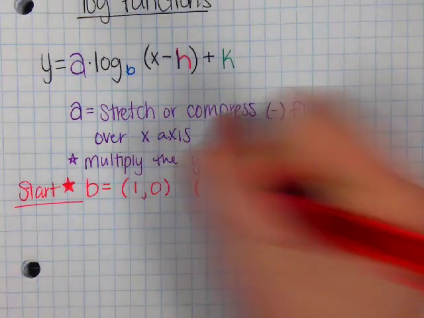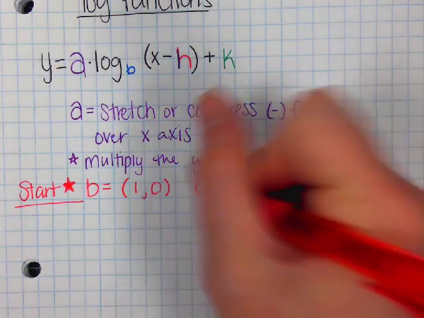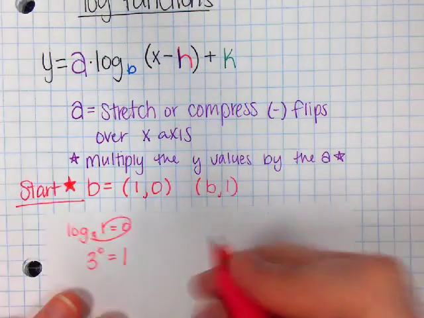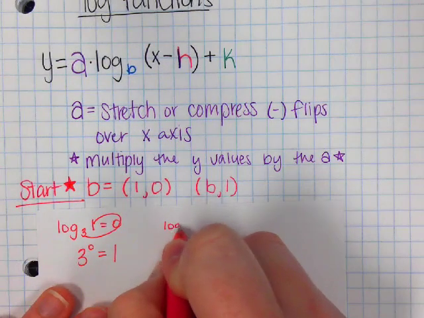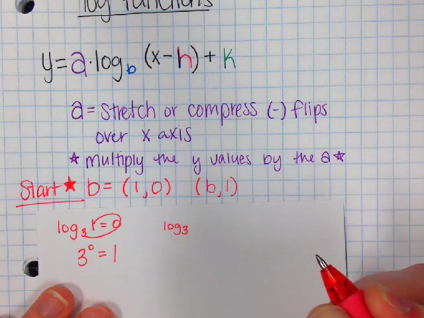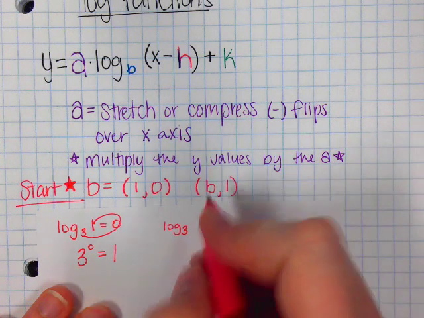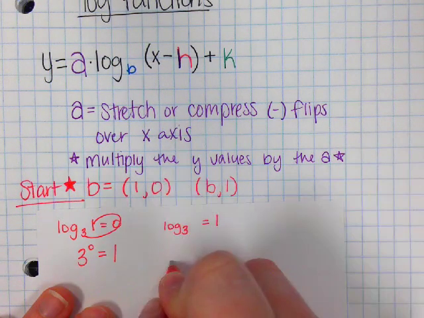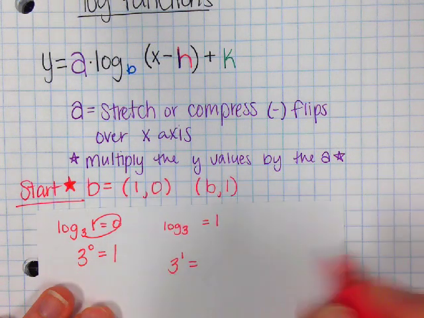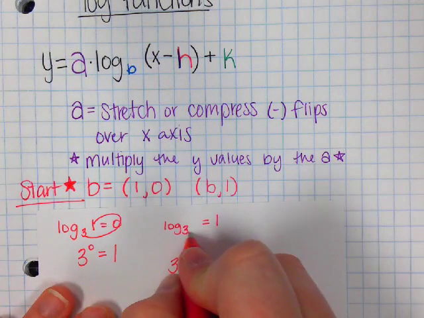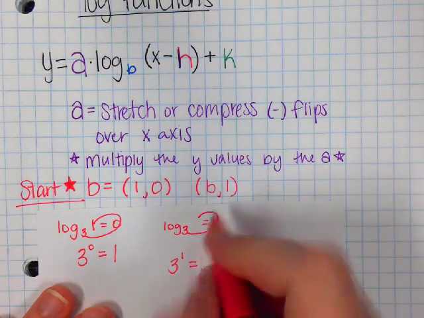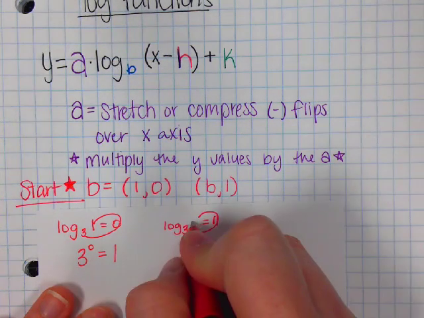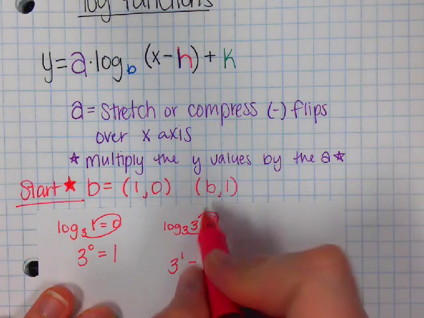And then the second point you're able to identify on a log is b, 1. Because if I have log base 3 of something equals 1, that's 3 to the 1 power, and 3 to the first is 3.